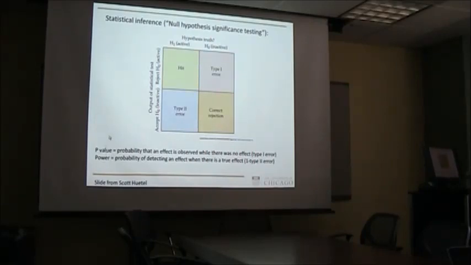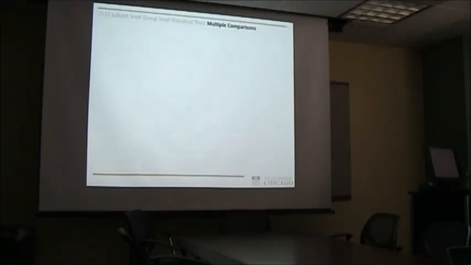Now, these two things are often endlessly discussed in MRI because of the following problem, which is the multiple comparison problem. What you do in fMRI is you perform many of these independent tests, you run this GLM independently. And this greatly increases the risk of type 1 errors, right?